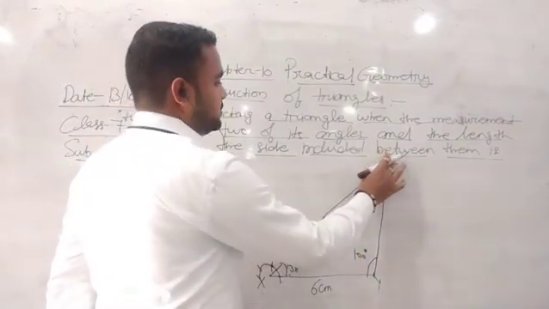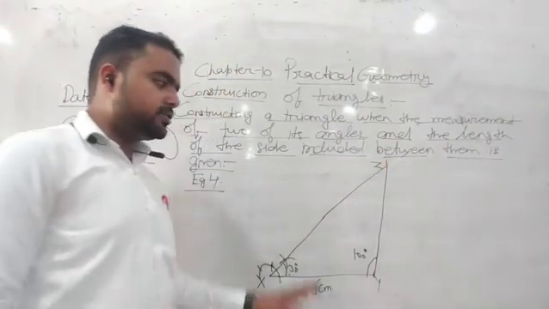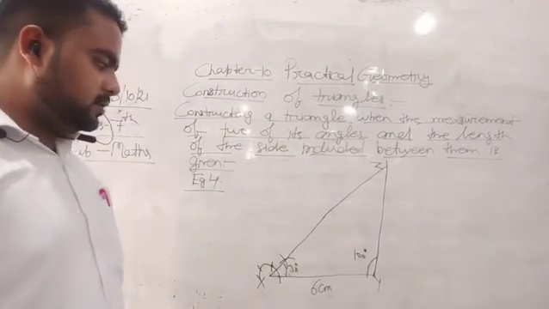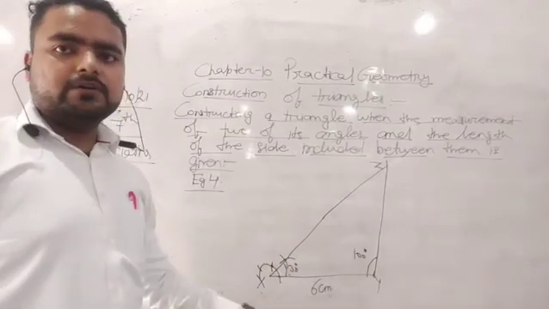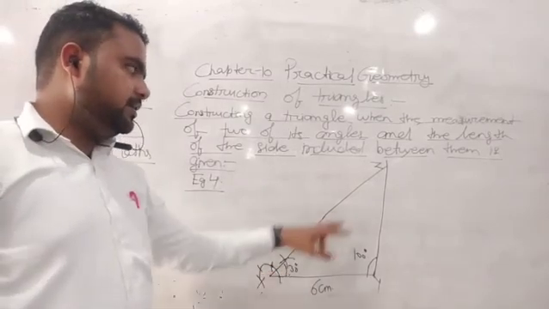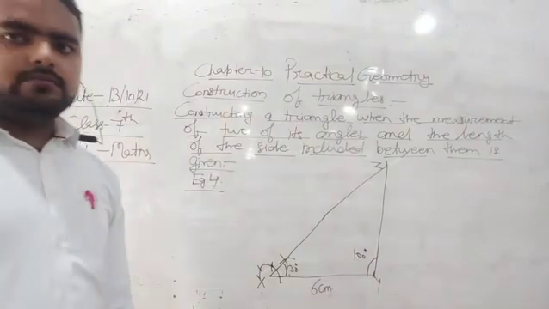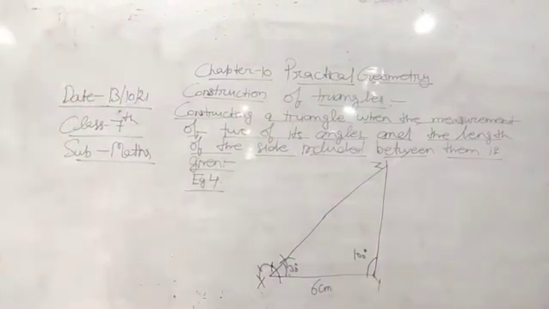Here is the intersecting point and name it as Z. Now here is your triangle XYZ, in which XY equals 6 centimeter and angle ZXY is 30 degree and angle ZYX is 100 degree. Make the figure, then we will do the revision.